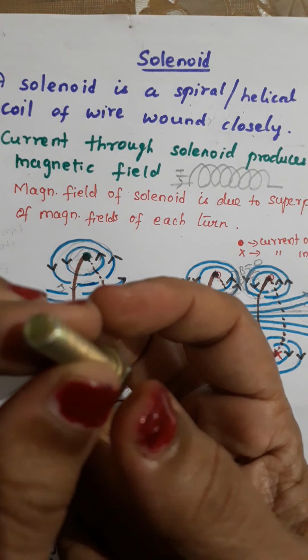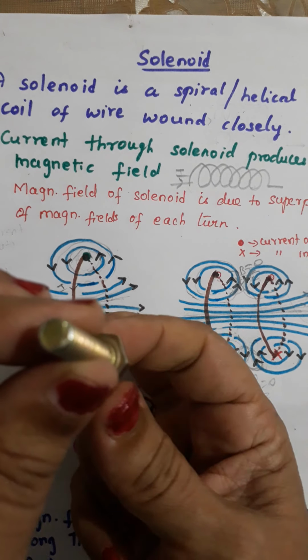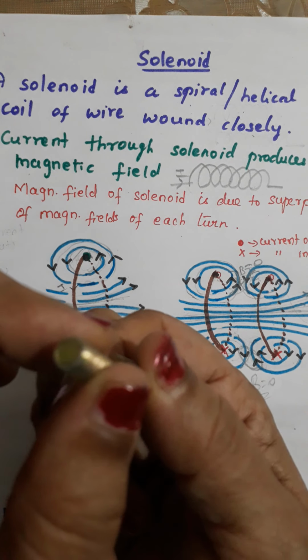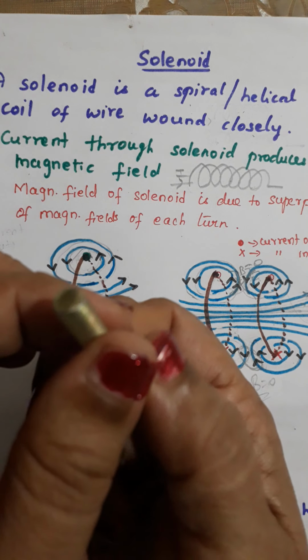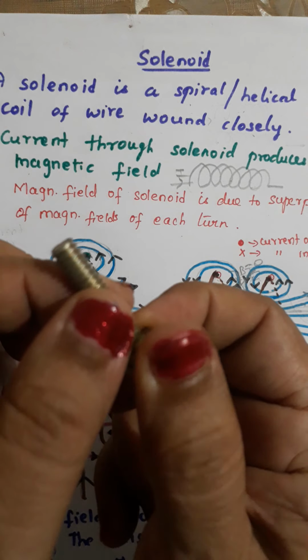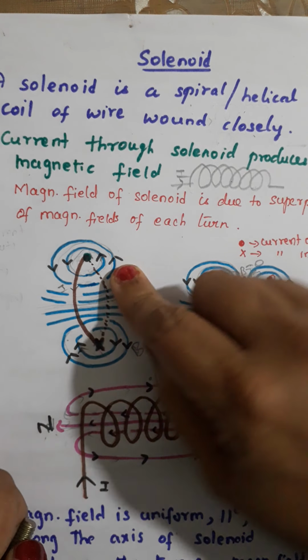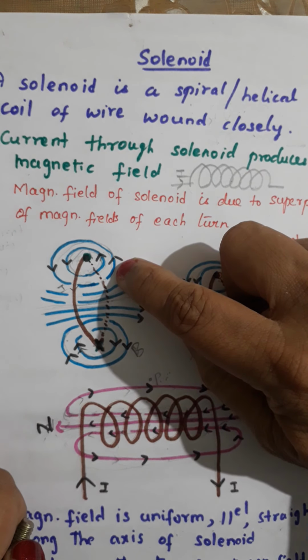For that, how am I moving my thumb? I am moving the thumb in anti-clockwise direction, right? For the tip to advance out of the paper, I am rotating the thumb in anti-clockwise direction. So the rotation of the thumb gives the direction of magnetic field. So the magnetic field is in anti-clockwise direction.